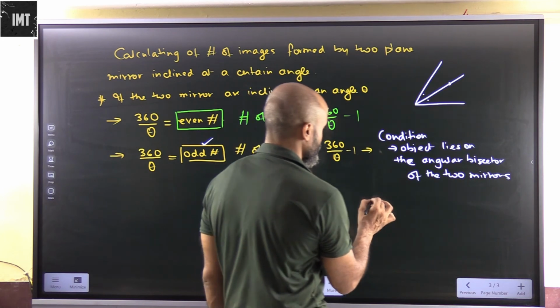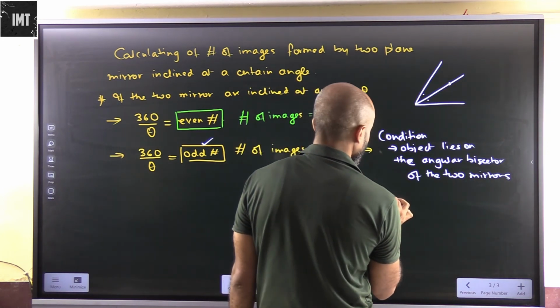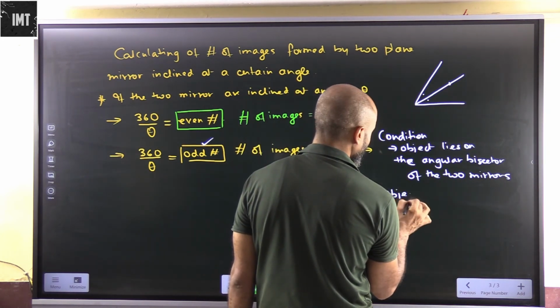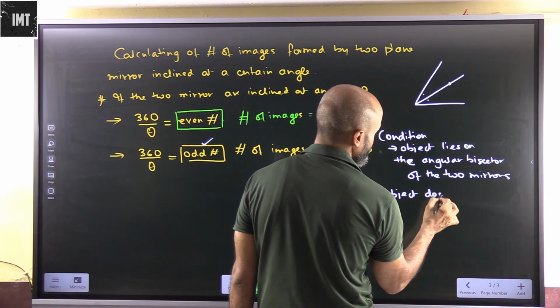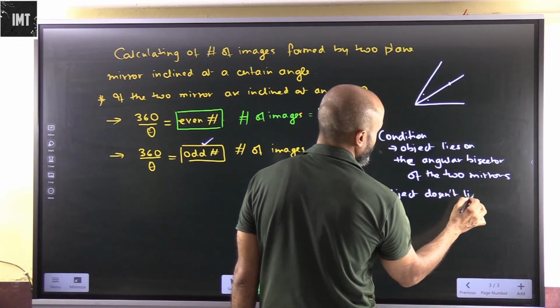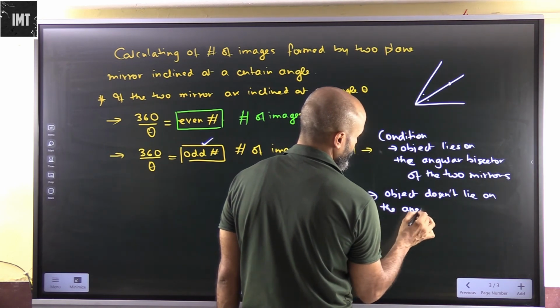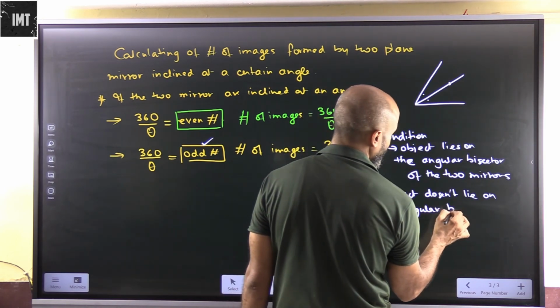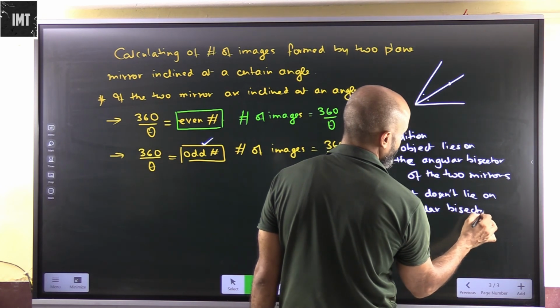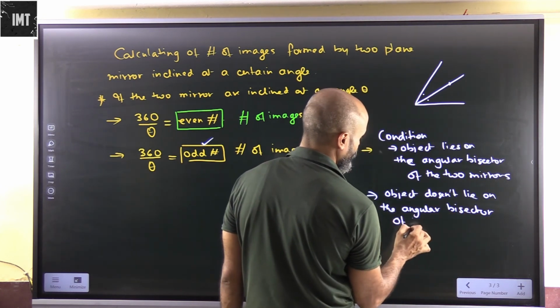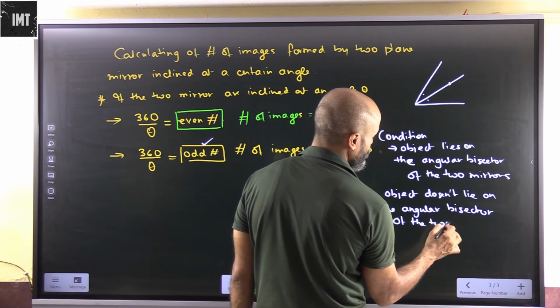Now the second case will be what? The condition is that the object doesn't lie on the angular bisector of the two mirrors.